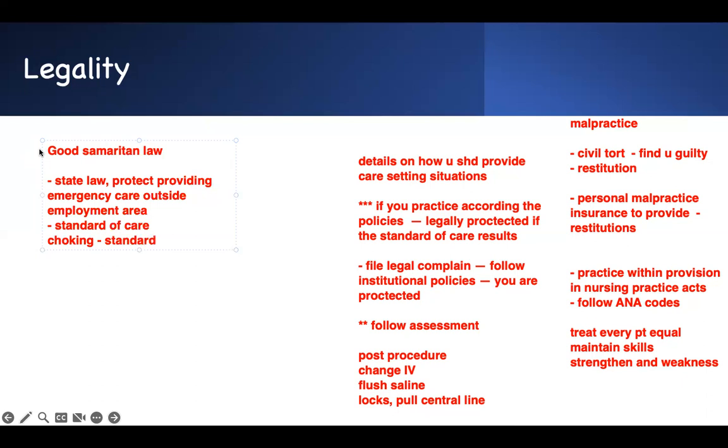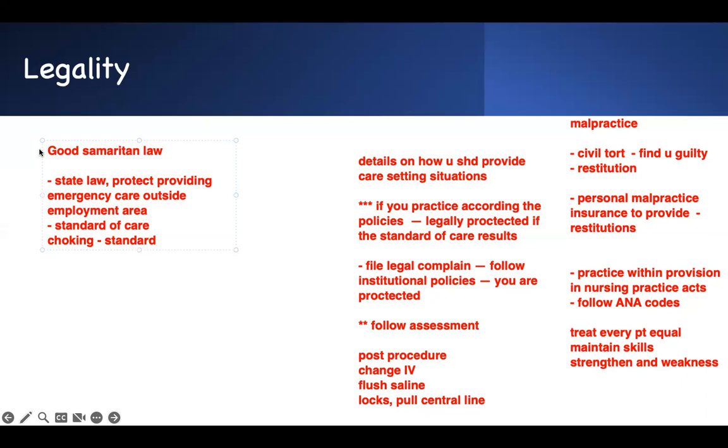You don't just start doing chest compressions or checking his pulse in the leg. That's not standard of care. Whatever the problem is, if you're providing that aid, provide it to the standard of care. Even if the patient dies, it's fine.